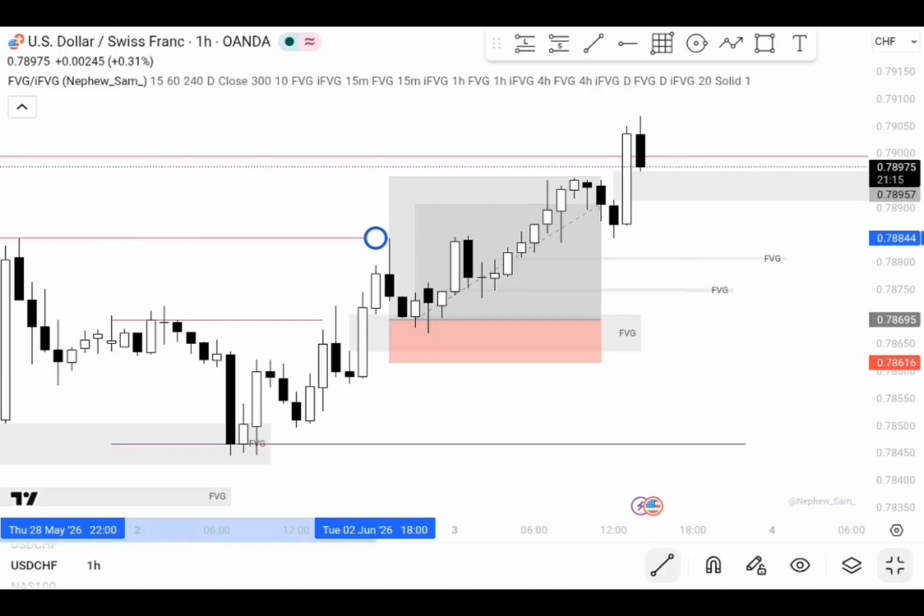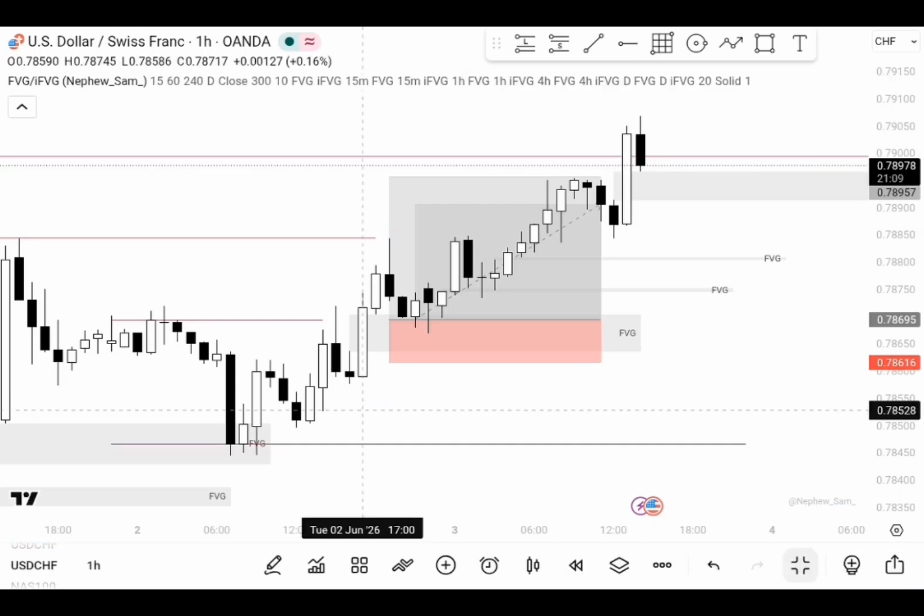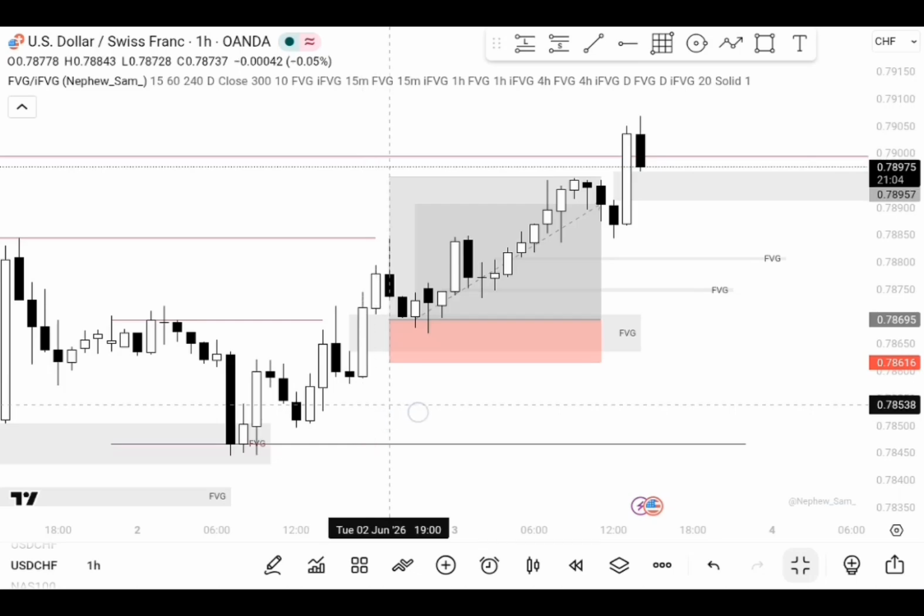Now, which candle is the last candle for the day or for Tuesday? This is the last candle. Where is it? Okay, that's it. That's the candle, right?